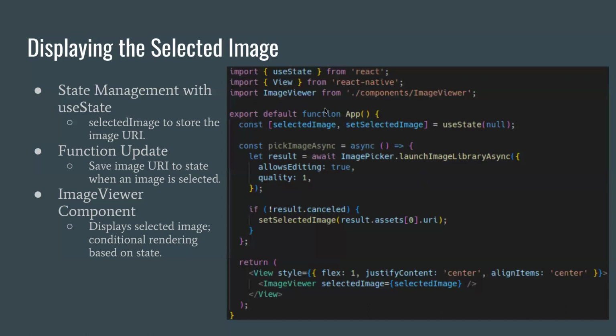And you can see that we're creating a useState with selectedImage state variable and setSelectedImage updater function. And the image viewer is passing this selected image, which will conditionally display that image.